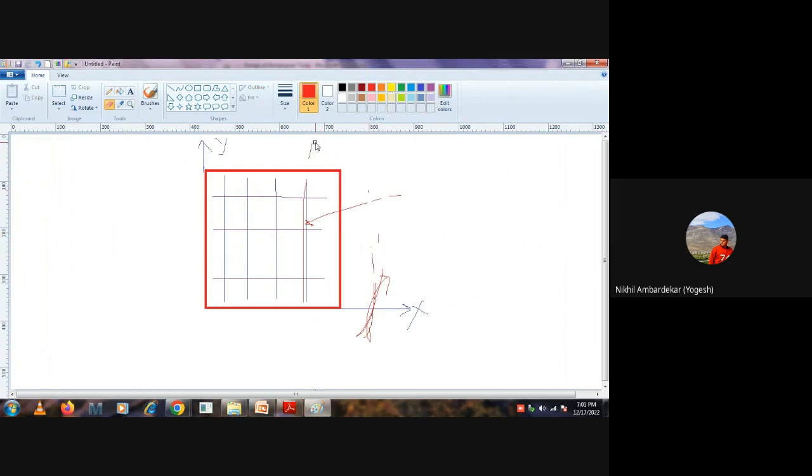Now, if I want to provide the horizontal reinforcement, it is obviously my. When my wall tries to bend along y-axis, like this way, my horizontal wall reinforcement will be resisting that moment.